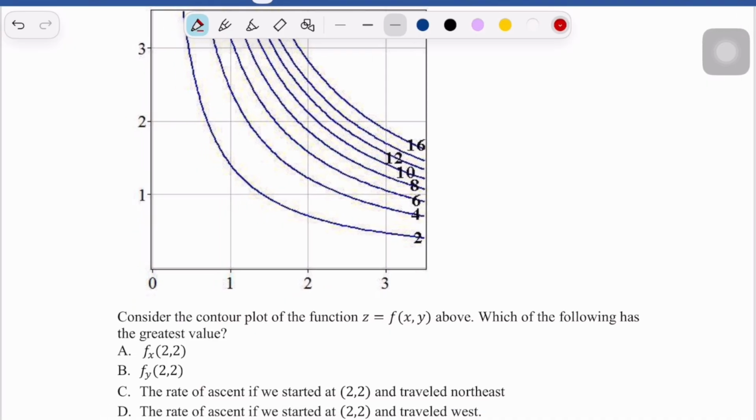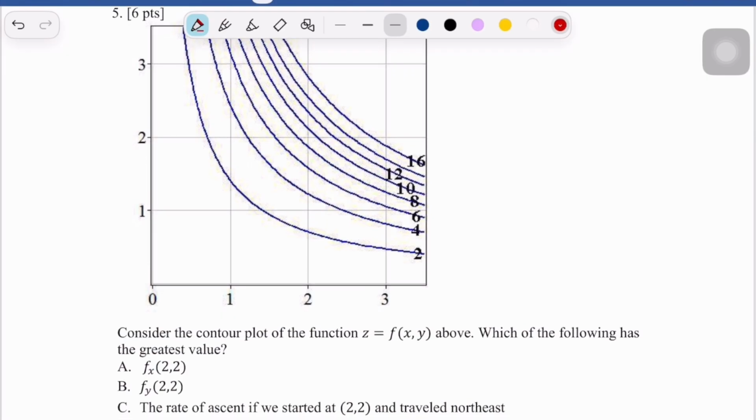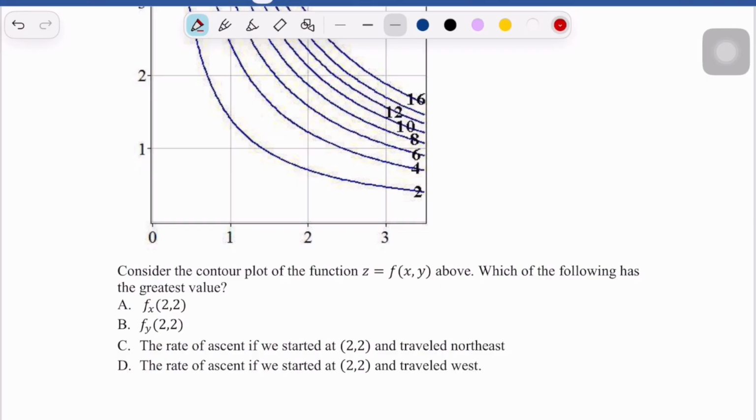Okay, now this question is based on contour lines or the contour plot, and we have to find which of the following has the greatest value.